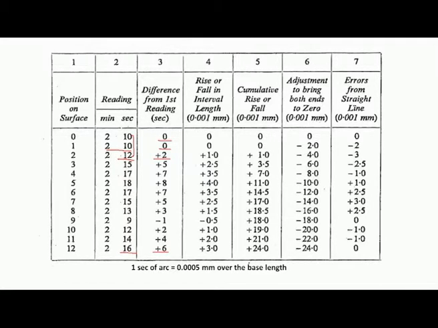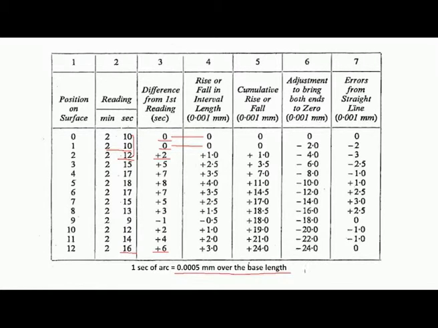Now, we should find the rise or fall in interval length in terms of 0.001 millimeter, or directly in terms of micrometer. The first reading is 0, the second reading is also 0. Now see, 1 second of arc is equal to 0.0005 millimeter over the base length.